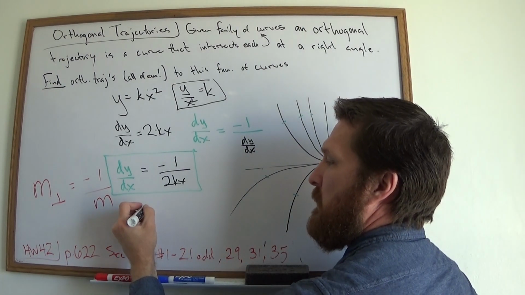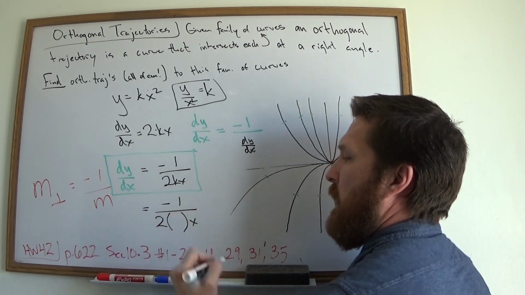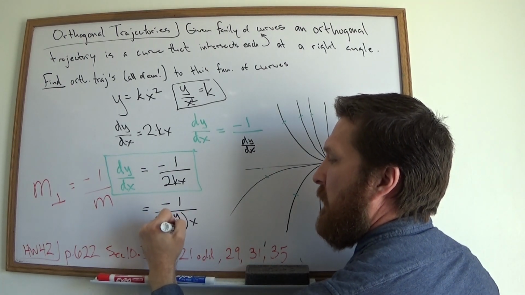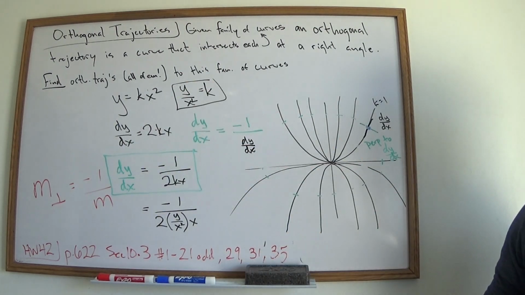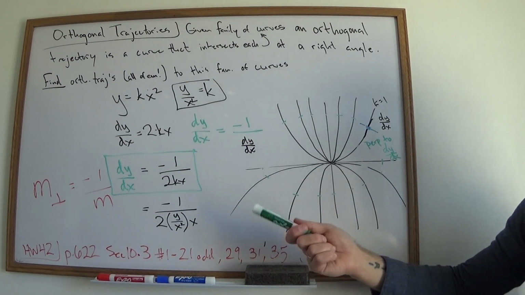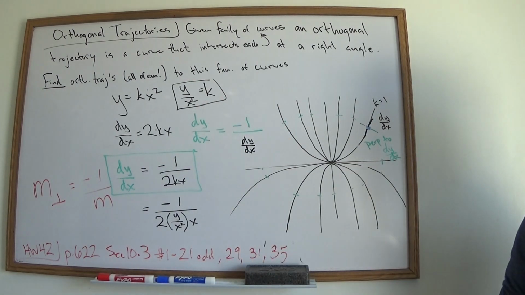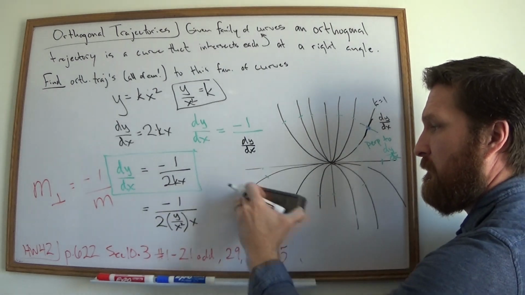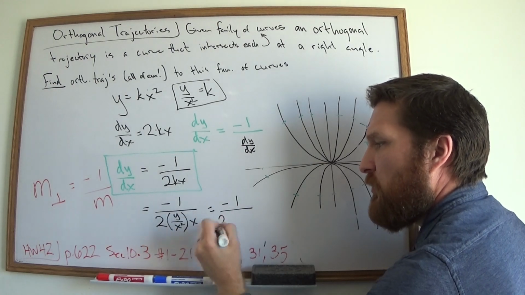And so that's negative 1 over 2x times k, and k now is y over x squared, because every one of these curves has to obey this. Every single curve has the property that k is always equal to y over x squared. So now we're done with k. k is gone. Let's just keep going here. This is the same thing as negative 1 over 2.